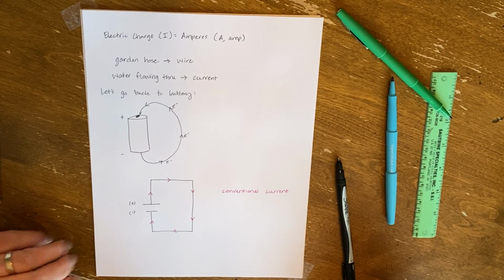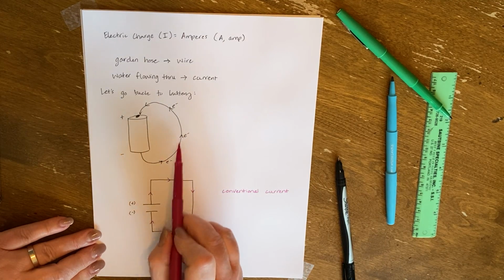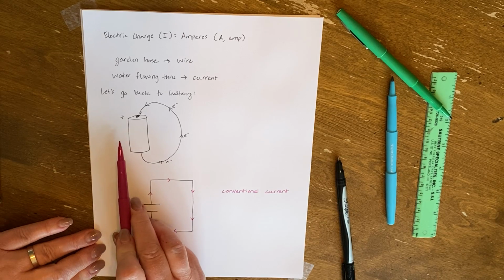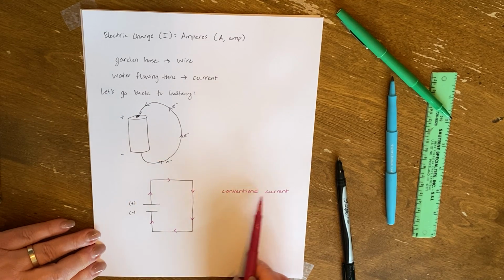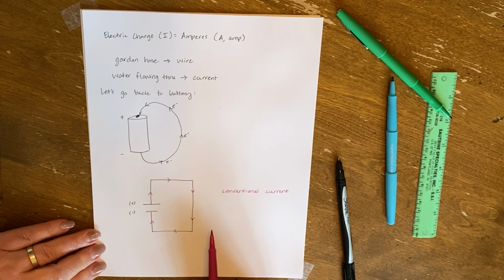Okay, so we know electrons actually flow from negative to positive, but when we're drawing our circuits, we're going to draw them flowing from positive to negative. That positive to negative flow is called conventional current. It's not the way it actually works, but that's how we draw it.